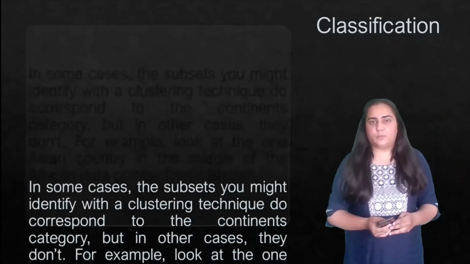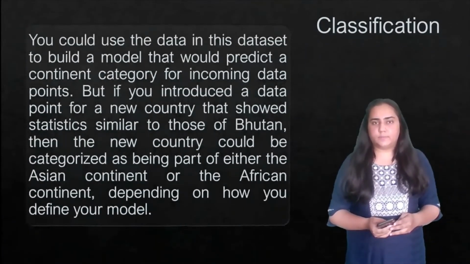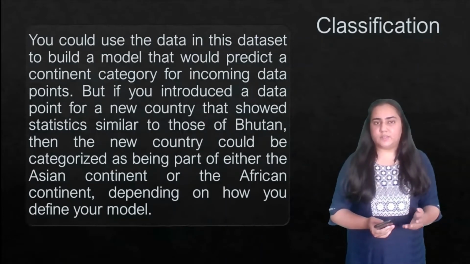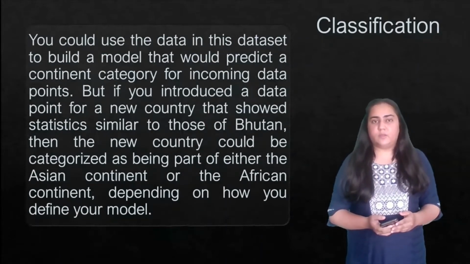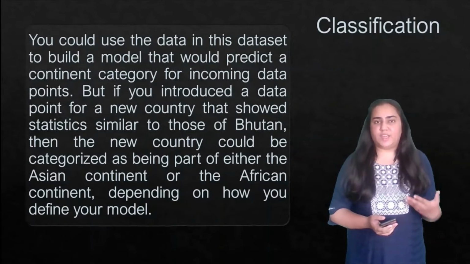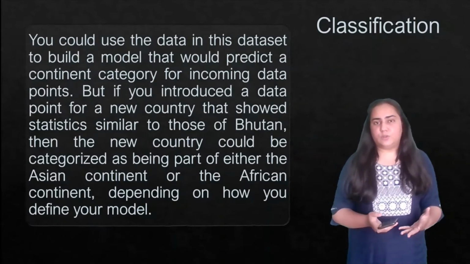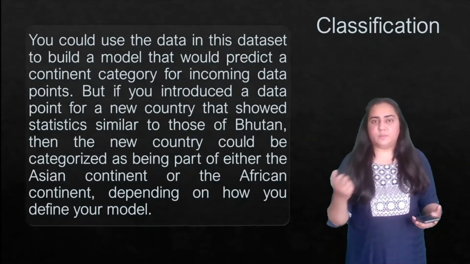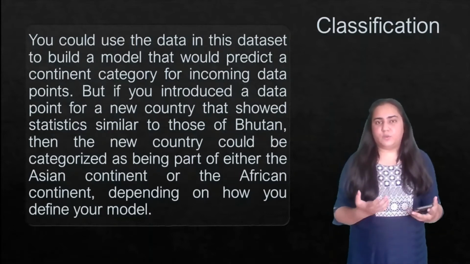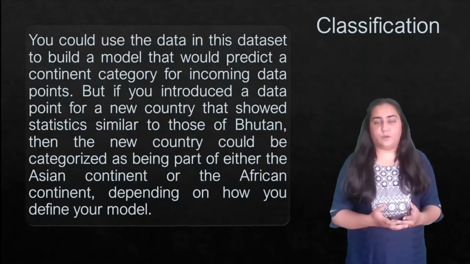So let's go to the next slide. Now you could use the data in this dataset to build a model that would predict the continent category for incoming data points. If somebody gives you a data point, you want to predict in which continent that data point is going to fall.